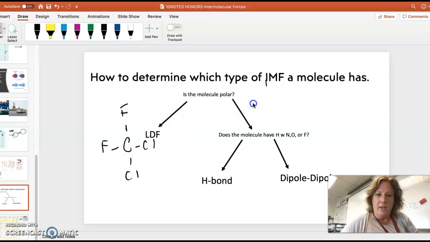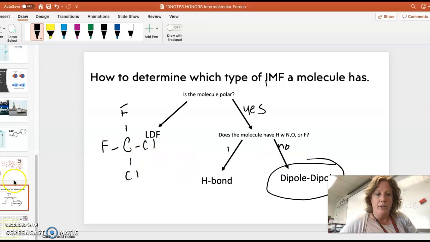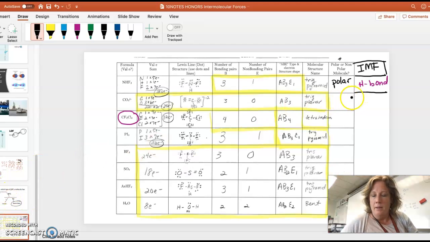And my answer is yes, because the tetrahedron is nonpolar as long as all of the atoms around the central atom are the same, and they're not. Then I ask myself, does the molecule have H with N or F? And my answer is no. So then I know that this molecule is only going to have dipole-dipole. Polar, and then it would be dipole-dipole.